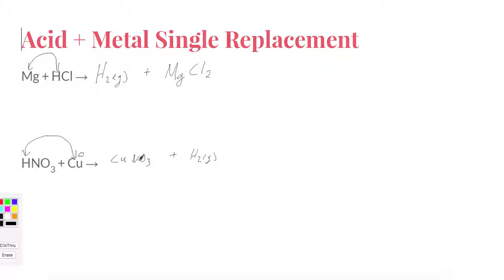Any element by itself without being bonded ionically is going to have a charge of 0. So now it's CuNO3. And since we don't know the charge, we're just going to leave it as is because one of copper's possible charges is +1, so we could do that. The other one would be +2, and we could do that. But since we don't know, we're just going to leave it there.